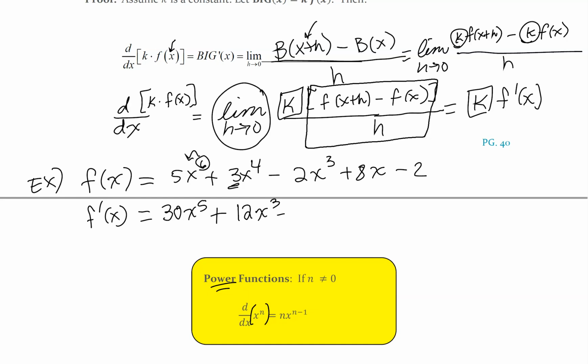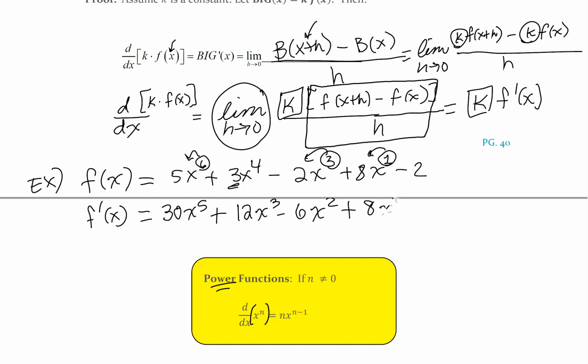minus 2 times 6, right? Bring that down, that's 6. X, one less, would be x squared, and then plus, this is exponent 1. Bring that down, 8x to the 0 power. But what do we know about x to the 0 power? X to the 0 power really is just 1.